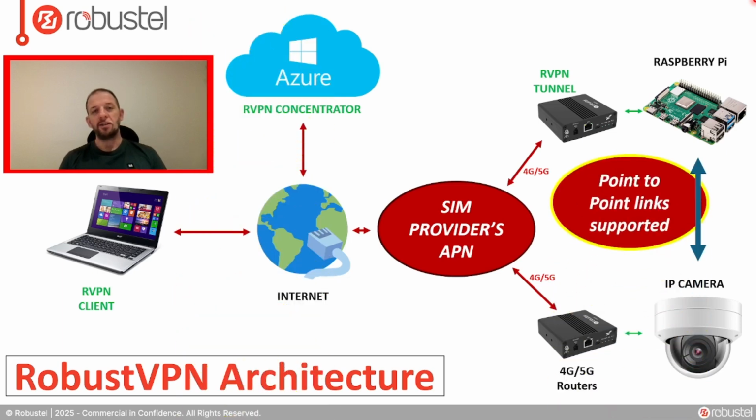Now here's quite a neat thing that comes about by virtue of how the subnetting is done, is this system can support point-to-point links. So with a bit of routing logic put into the system appropriately, the Raspberry Pi can talk directly to that camera.